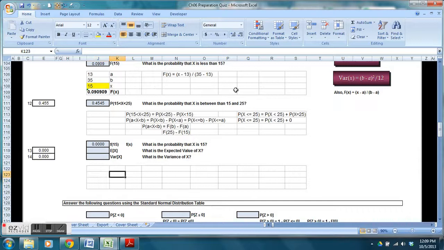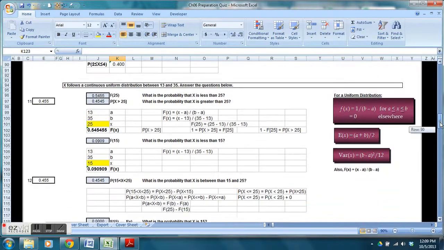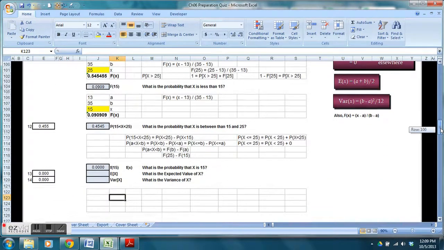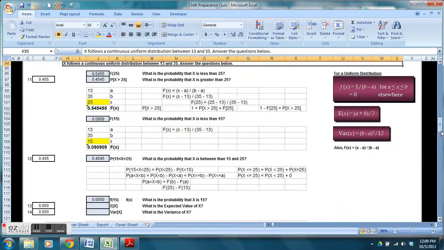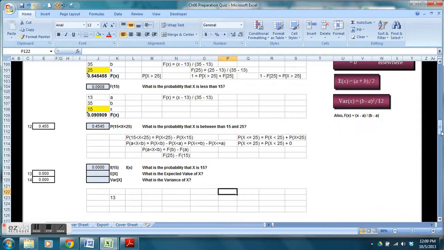Sorry to jump into this again, but one more quick explanation. X in this case is bound between 13 and 35. So we're interested in all the values between 13 and 35. That's all the possible values for x.